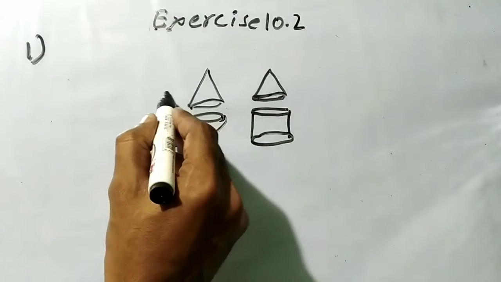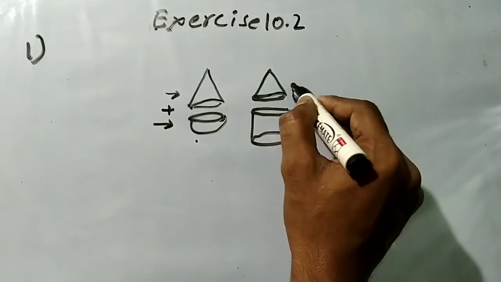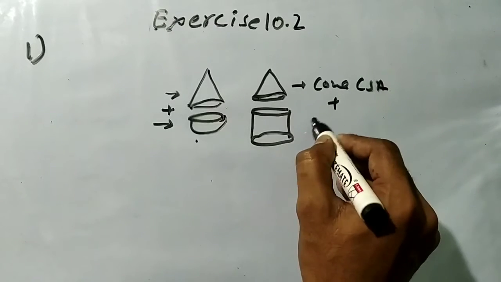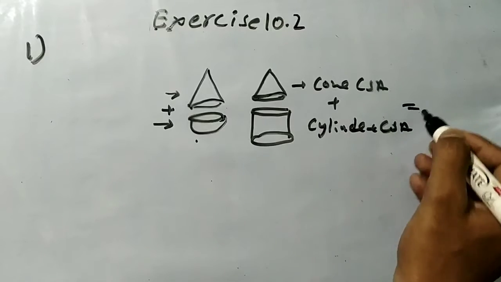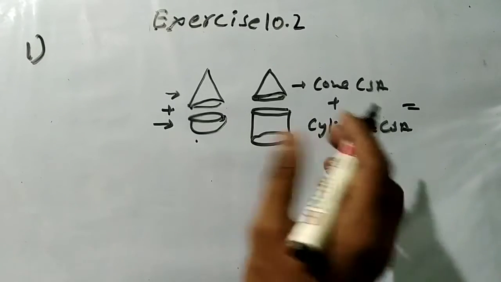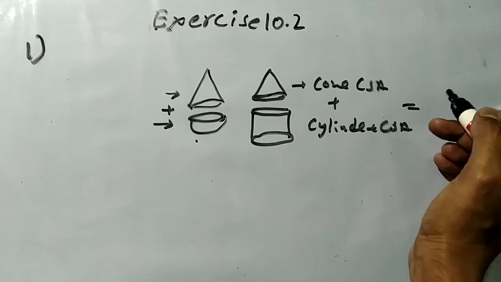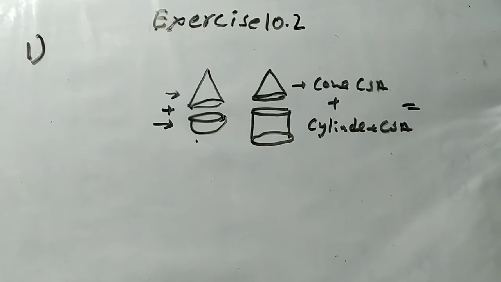We have to find the CSA of the cone and the CSA of the cylinder and add them. So we will get the toy or some material, that is a solid figure. From the combination of two solid figures, we will get the CSA. The problems are based on the combination of two solid figures.